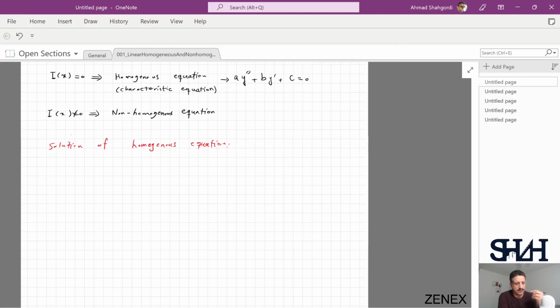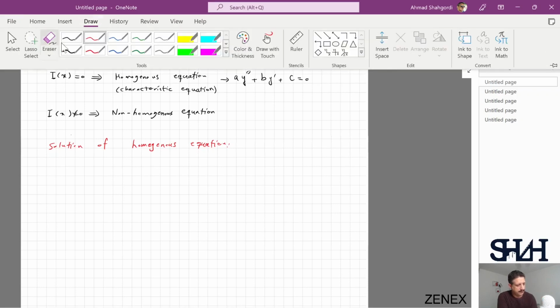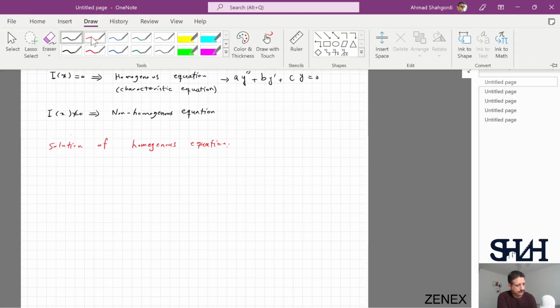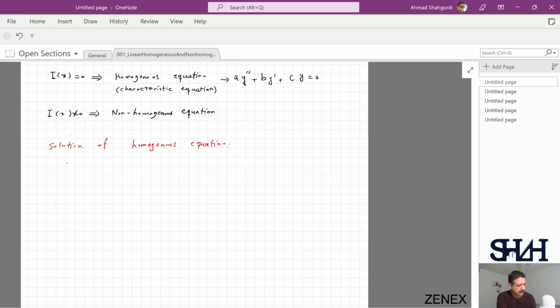When it's the first derivative, we go with r, and when it's only y, we put 1. So it will be a r squared plus b r plus c equals 0, and then we will have r1 and r2 as the solutions of this second order polynomial.